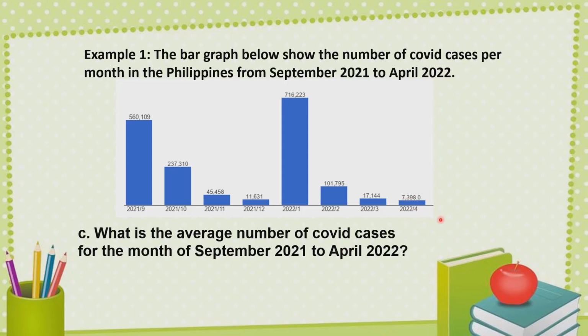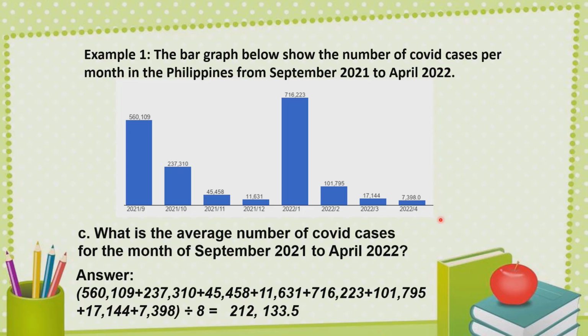So, to solve for the average, we first add the number of COVID cases per month from here to here, and then divide the result by 8. So the answer is 212,133.5.